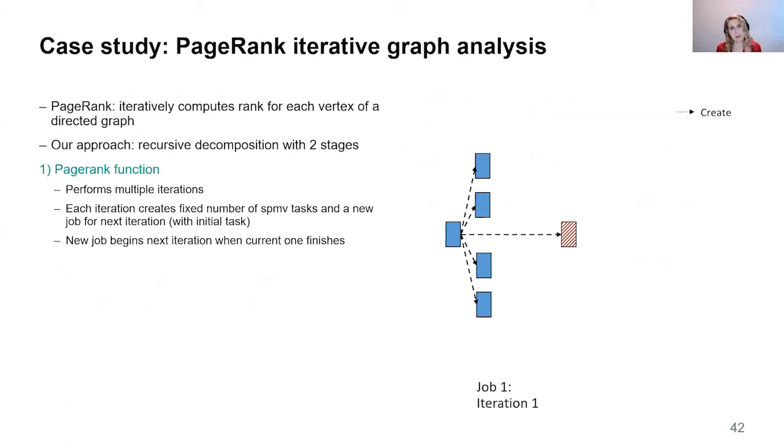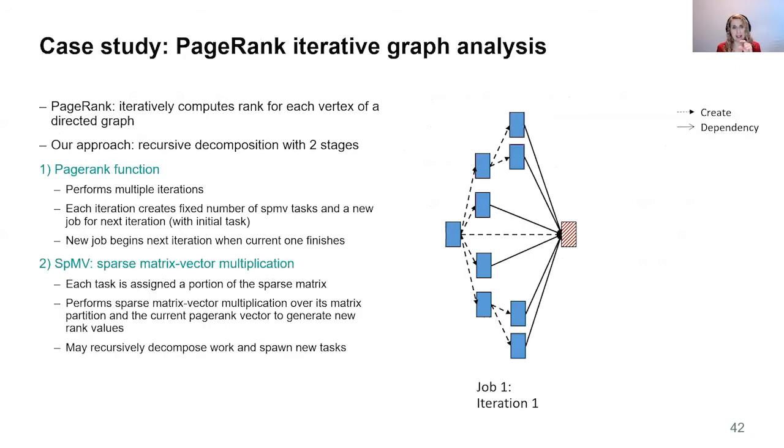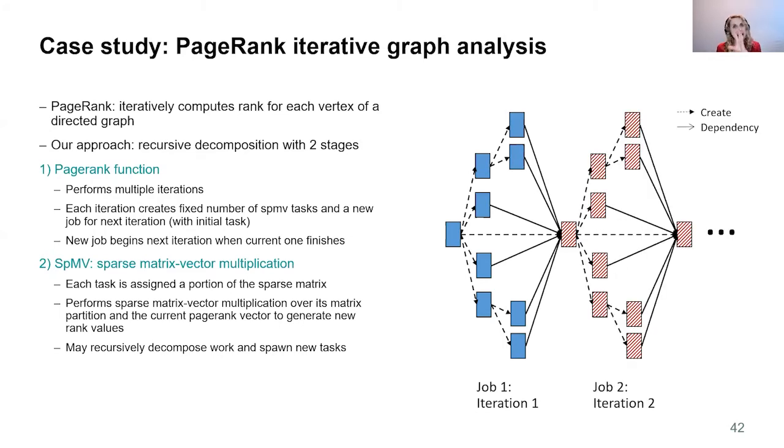Each job is going to represent an iteration of the Pagerank algorithm, and then each task is going to represent a smaller portion of the sparse matrix vector multiplication operations on a subset of the matrix. And so we'll have a set of tasks that correspond to job one, which corresponds to the first iteration, another set of tasks that correspond to the next job, which corresponds to the next iteration, and so on and so forth.